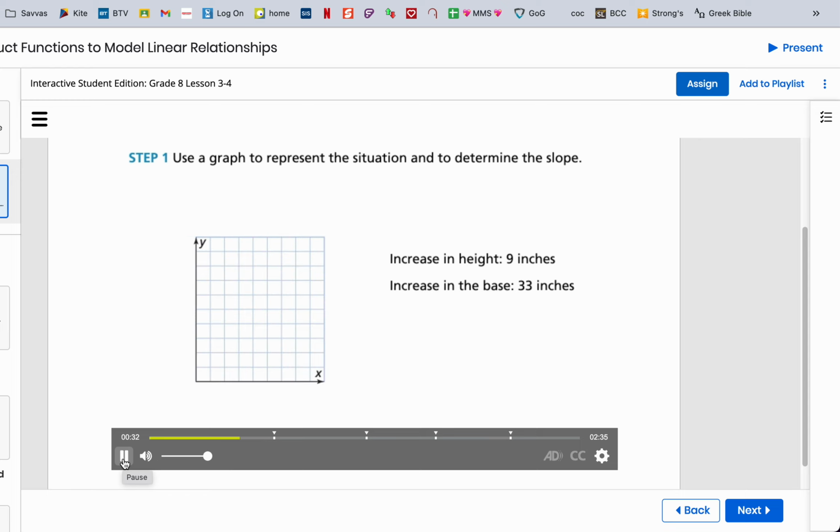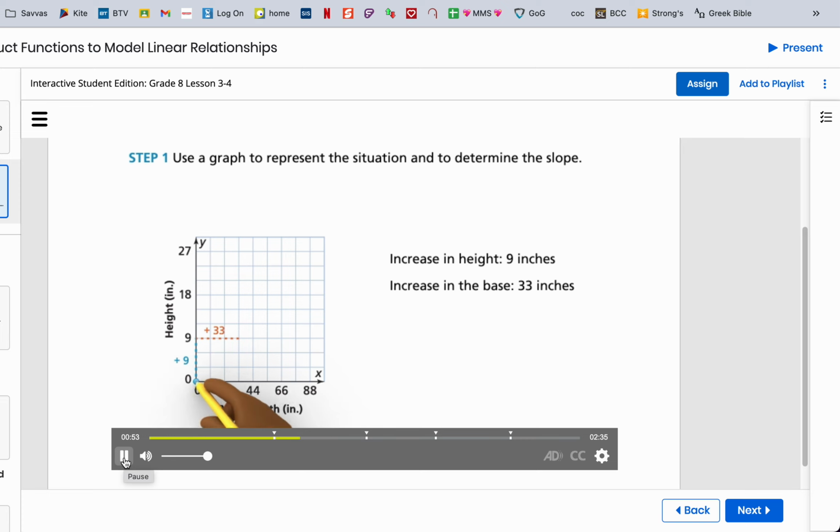The first step is to use the graph of a line to represent the situation and to determine the slope of the line. Show the height on the y-axis and the length of the base on the x-axis. We know that when the height increases by 9 inches, the base length increases by 33 inches.